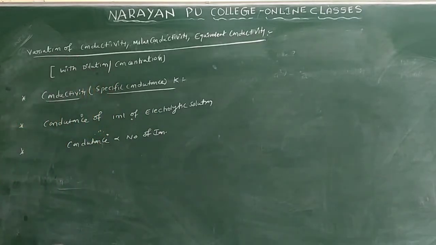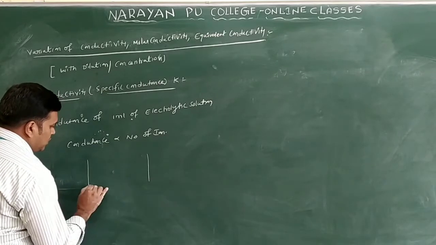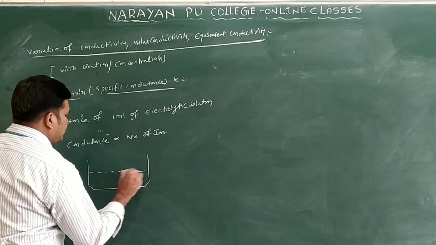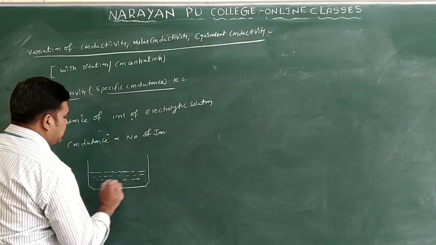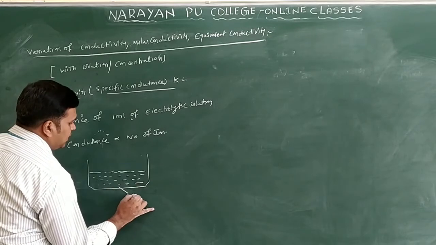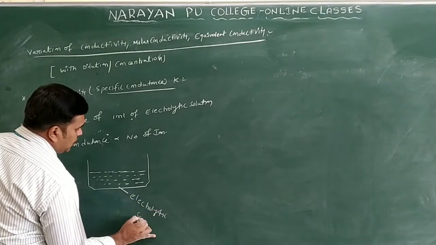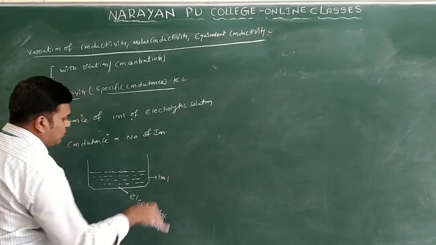Okay, let us see one example we have. Clear? So I am just taking an electrolytic cell. In this electrolytic cell we already have one electrolyte. This is the fixed volume, you can say 1 ml only.